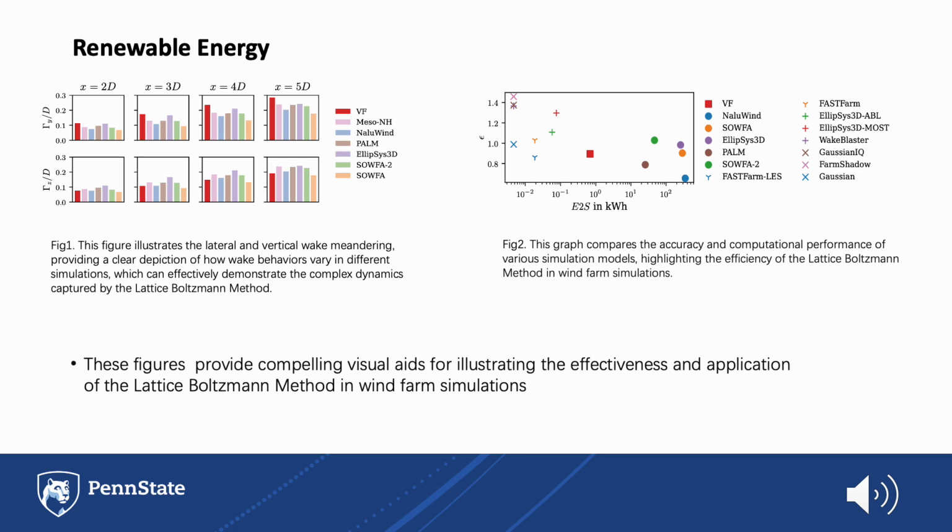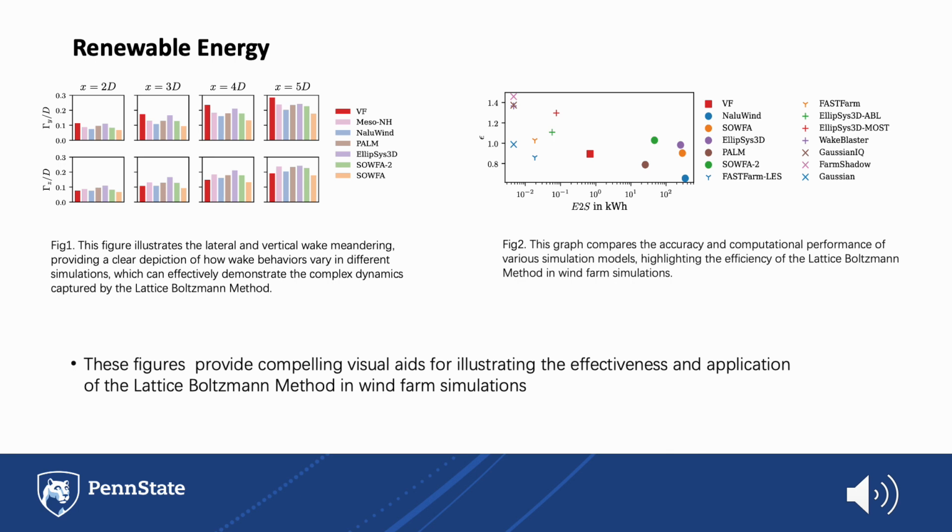In this slide, we can see that figure 1 illustrates the lateral and vertical meandering, providing a clear depiction of how wake behaviors vary in different simulations, which can effectively demonstrate the complex dynamics captured by the Boltzmann method.